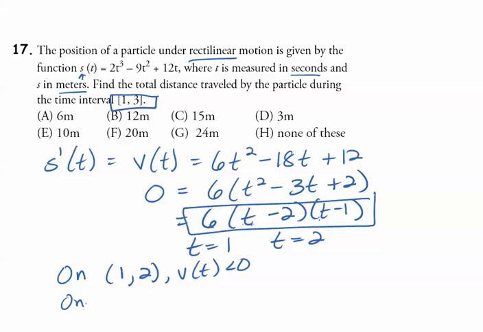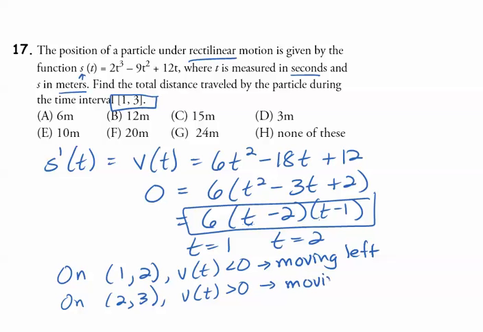And then on the interval from 2 to 3, if you pick a number like 2.5 for time, then all of the factors are positive. So first we know that the object is moving left, and then we know that the object is moving right.